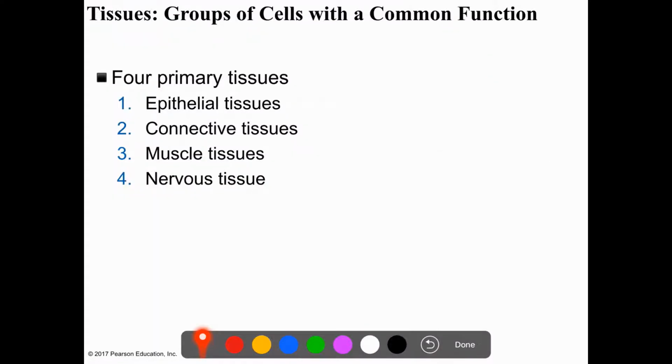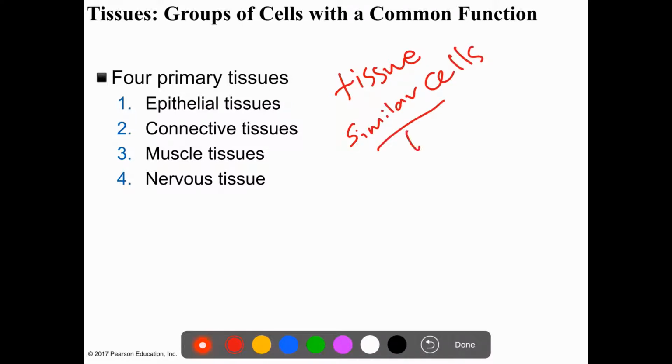Now, if you recall, tissue is a group of similar cells performing the same function. We covered this in chapter 1 at the levels of organization. So tissues are similar cells performing the same function.